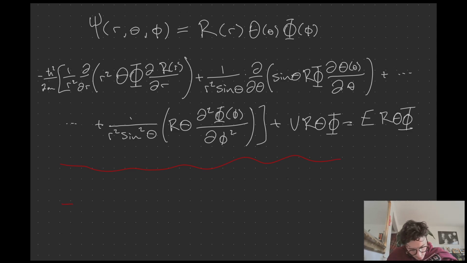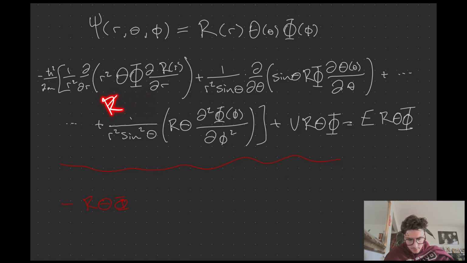And we're going to divide both sides of the equation by R, Theta, and Phi. What happens there?